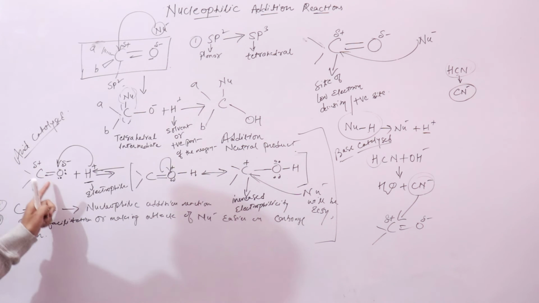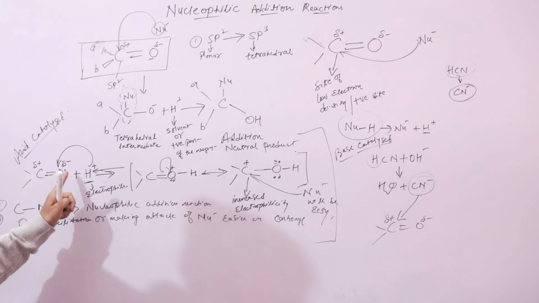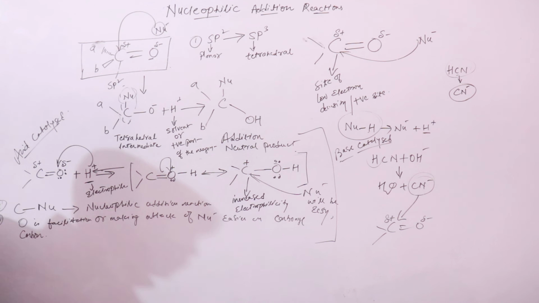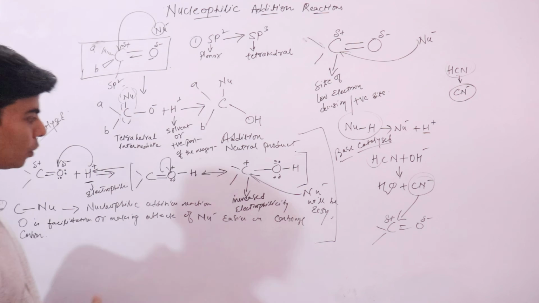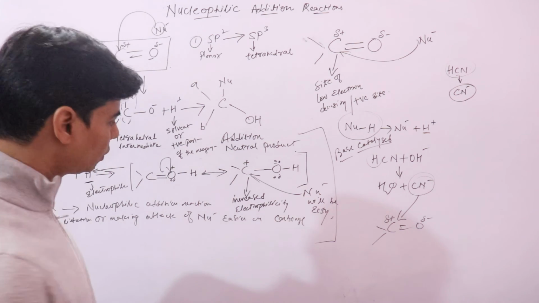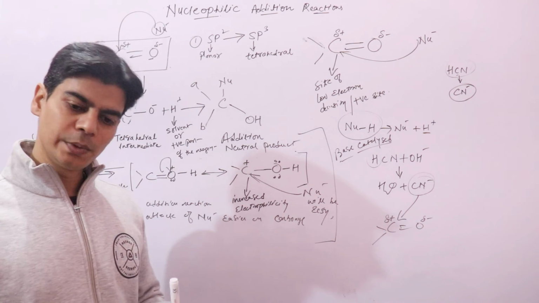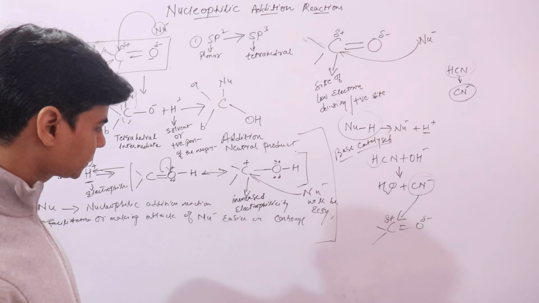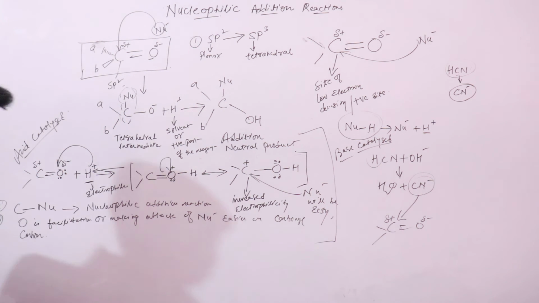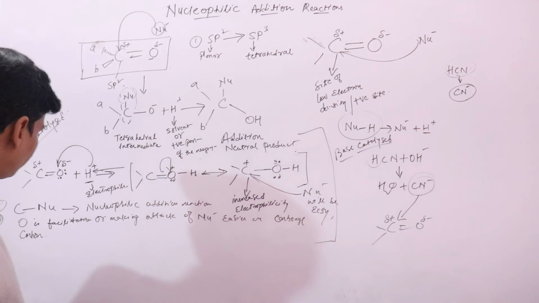Whereas in case of acid catalysis, a proton from the acid catalyst will attack this carbonyl oxygen. That will ease the attack of nucleophile, or it will increase positive charge on the carbonyl carbon, which will make the attack of nucleophile easier on the carbonyl carbon, right? And why do we call it a nucleophilic addition, not electrophilic addition?